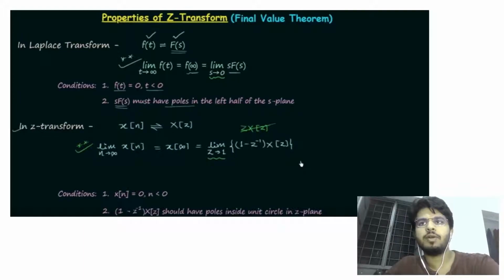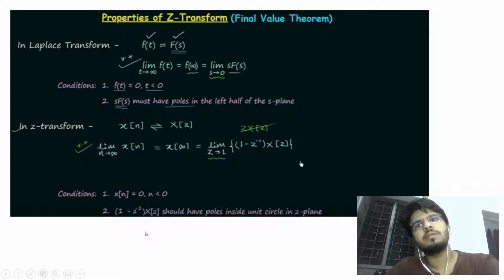In Z transform, in order to find the final value of the input signal, we must have the following conditions satisfied first. The input signal in the Z transform must be 0 at all points n less than 0. The first condition must be satisfied.